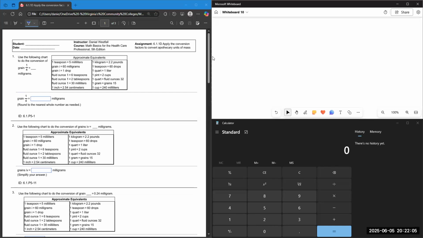So with grains, they use Roman numerals between 1 and, I think, 10. If it's a fractional unit other than a half, they'll write the fraction.